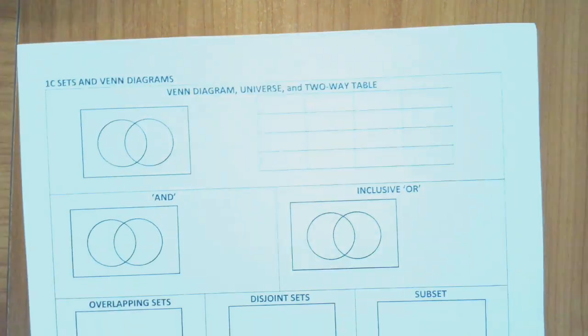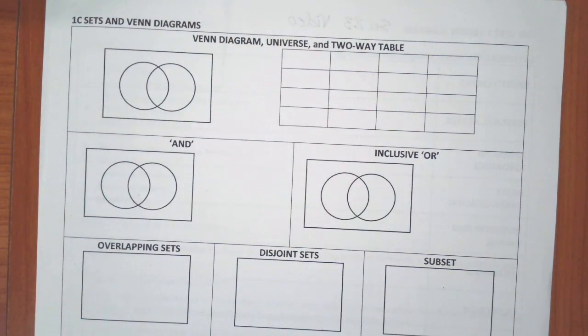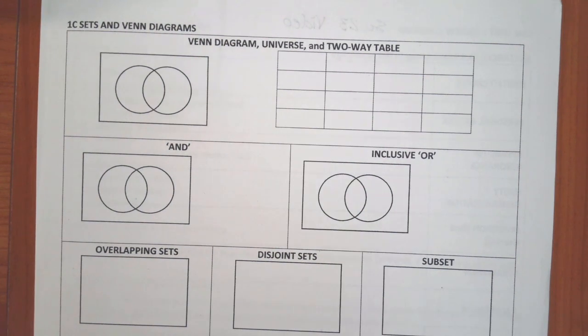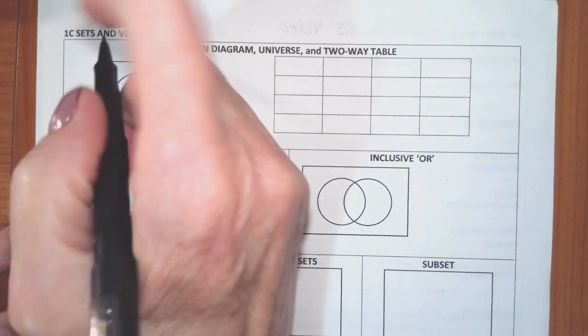Okay. So the next thing we talked about was sets and Venn diagrams. And in the sets and Venn diagrams, oh my goodness, I'm not as organized as I should be. There are some general things that you need to know. When you have a Venn diagram, you are going to have a rectangle which represents the universe.